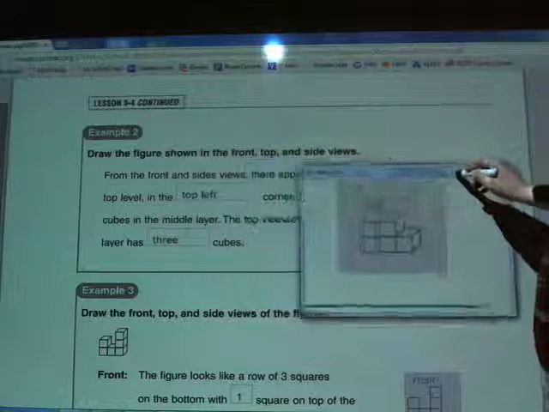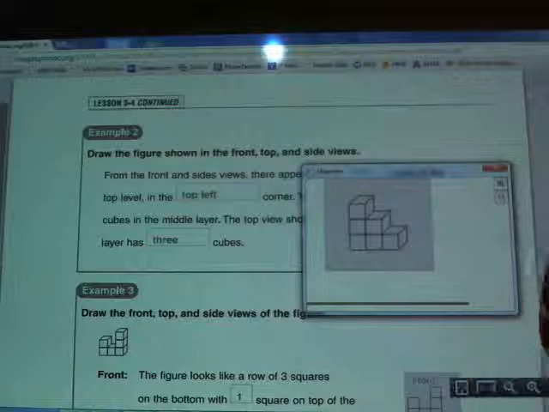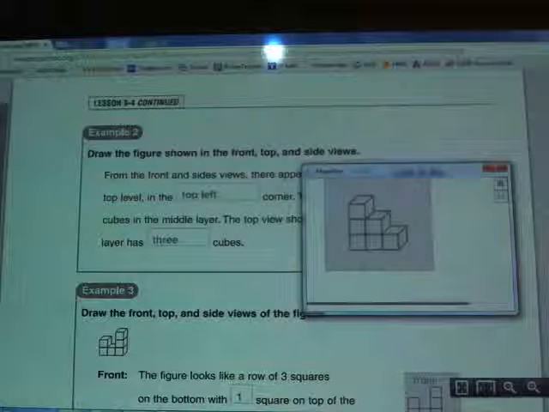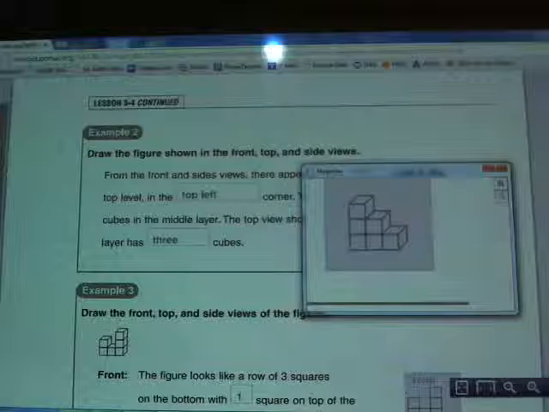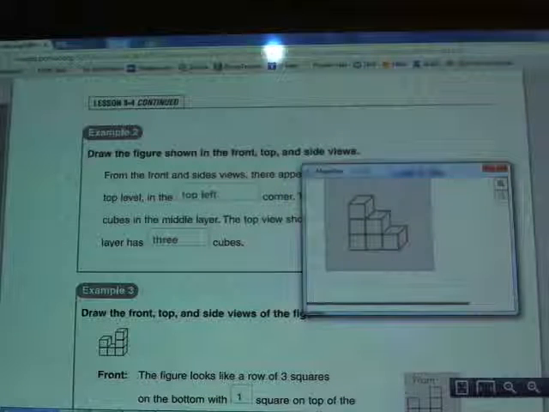Now, what you see right there is the front view. And when we draw it from the front view, remember, we're drawing here then with two-dimensional perspective. So you're not going to see any of the depth that you see drawn there. So what do we see in the front?